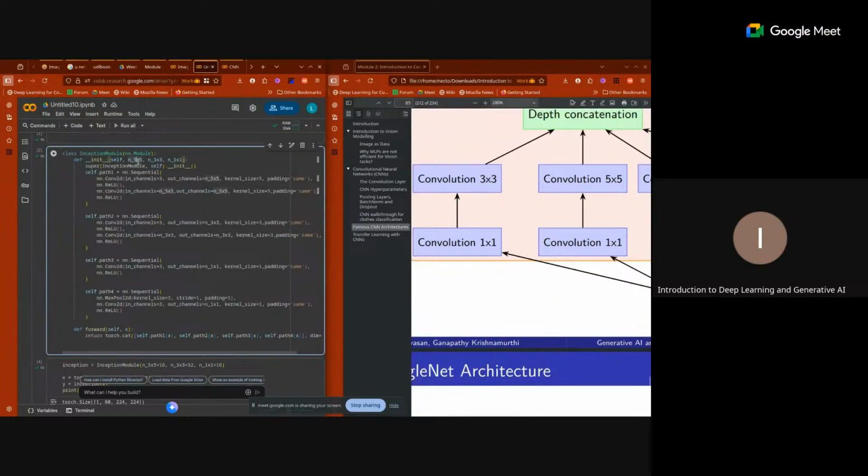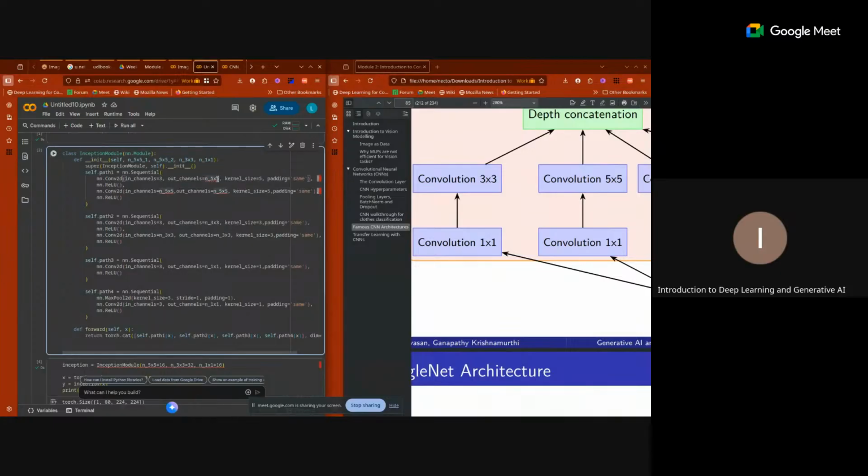You can customize the 5 cross 5, which says the number of filters present in this one or this one, and the number of filters present in this one. In this part, how many channels are there? You can customize these numbers based on that.